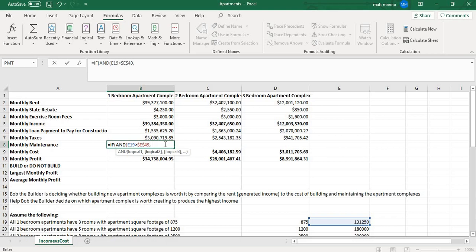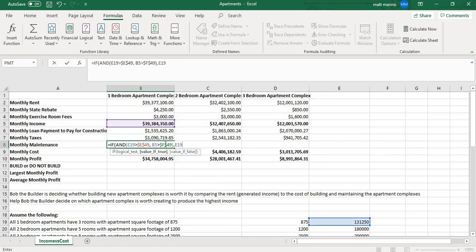We also need to check whether our monthly income is greater than 54,000. So we reference our absolute value where that is. So we close out our AND function, but now we need to tell Excel what we produce if this is true.